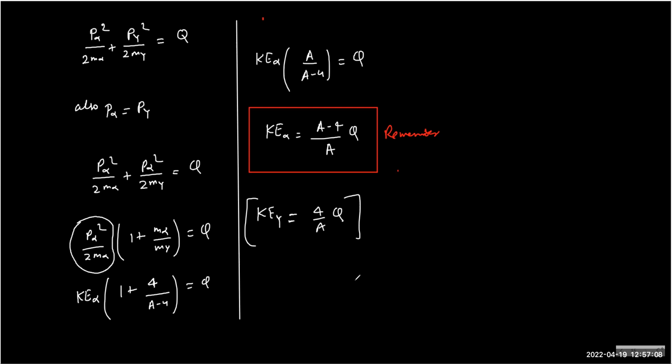And once you know the kinetic energy, you can find the velocity if you want. There's something called the recoil velocity of the nuclei. If the alpha particle goes right, then the nuclei will go left because the momentum must be conserved. So this is the part of energy.